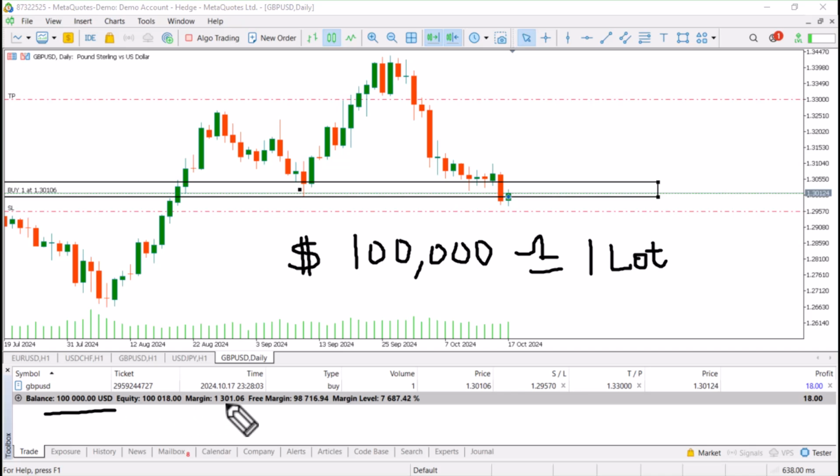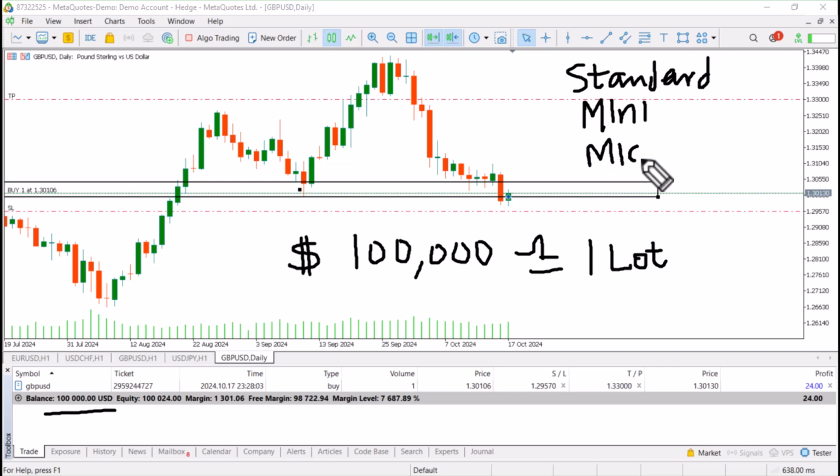During your process of creating or registering your account, your broker will present you with different account types. We have standard account, and I think the next one should be mini account, followed by macro. Is that right?